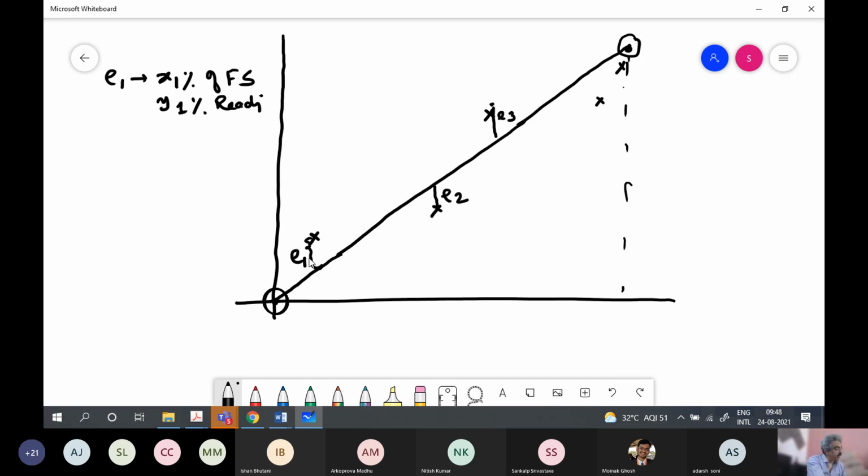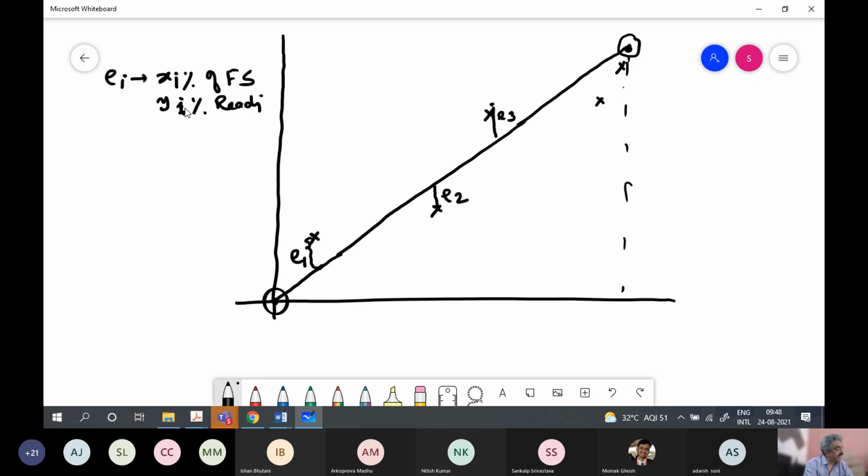So now, using this reading, similarly from E2 we'll get X2 and Y2. So we get X and Y per these two readings. Now we have to find out an X% of full scale and Y% of reading from all of this.